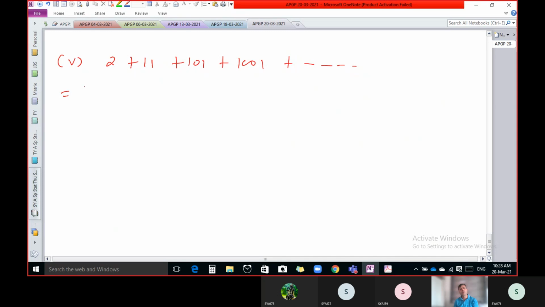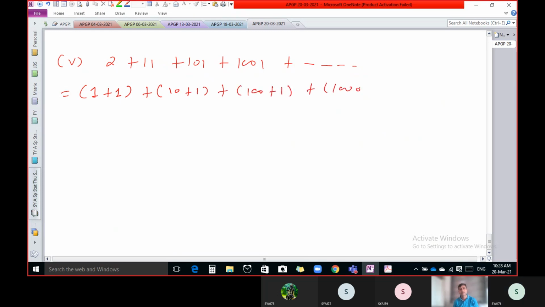See, instead of 2, what do we have to write? Tell me. Instead of 2. 2 minus 1? No, 2 minus 1 is 1, not 2. We want 2, so plus 1. Yeah, you can write 1 plus 1. Then, 10 plus 1. Correct, 10 plus 1. Then, 100 plus 1.